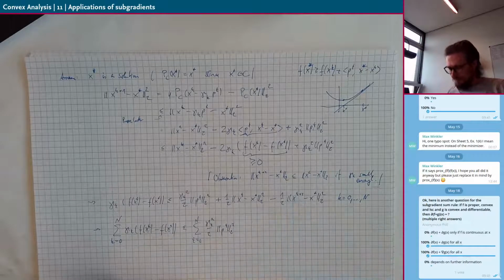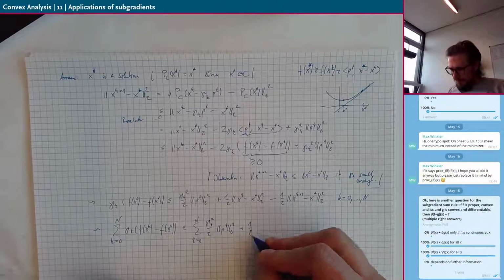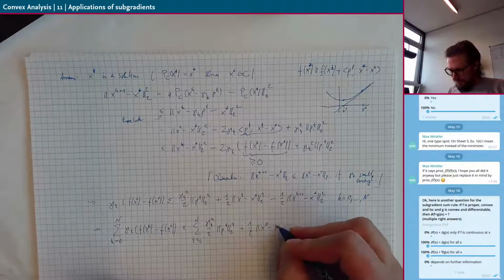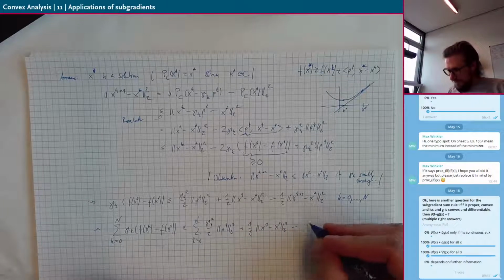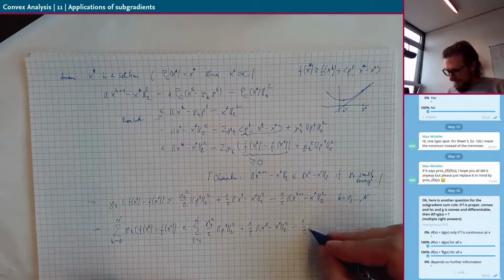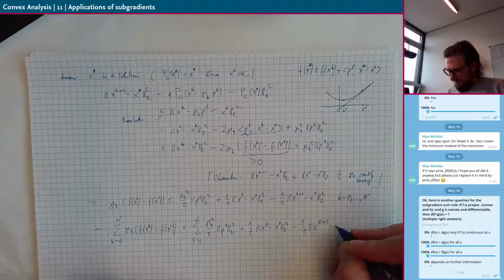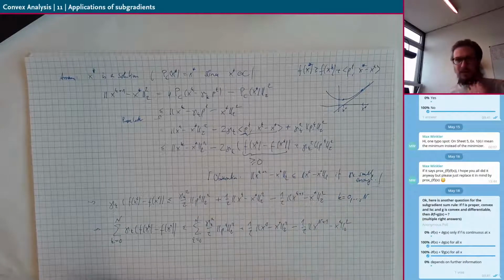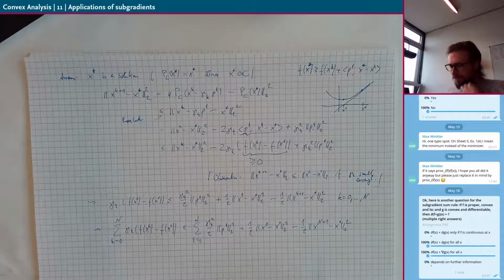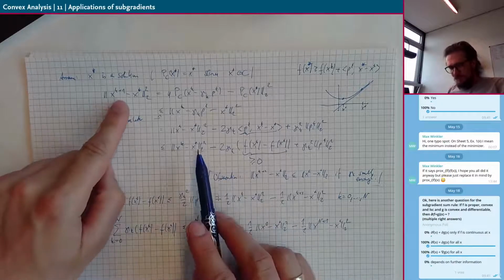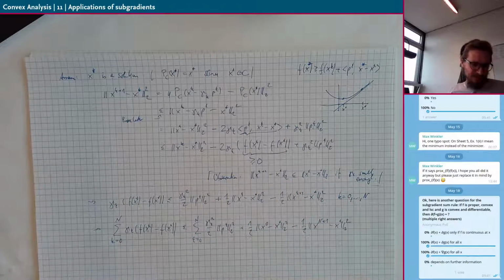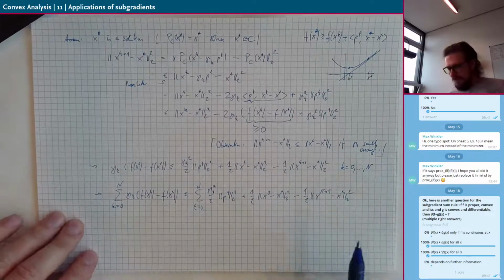It's a telescoping sum. So we end up with the first one, ‖x_0 − x*‖₂² minus the last one, which is ‖x_{N+1} − x*‖². That's nice. You could also do this recursively from here if you like, but it's exactly the same thing.